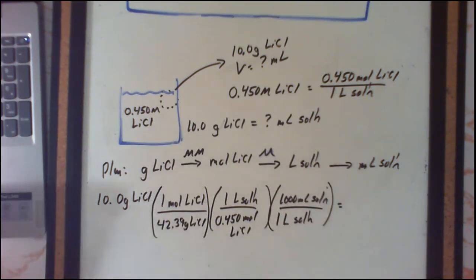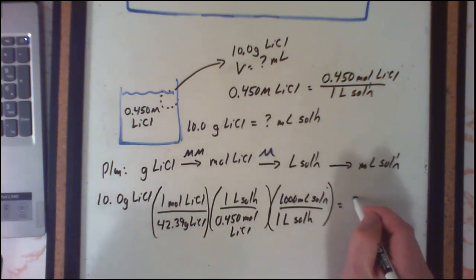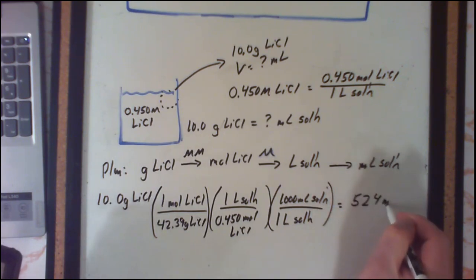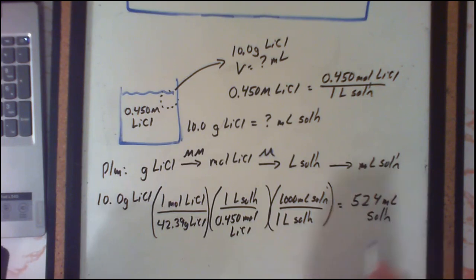So our overall calculation is 10 grams, 10 times 1 times 1 times 1,000, divided by 42.39, divided by 0.45, says that I need approximately 524 milliliters of solution.